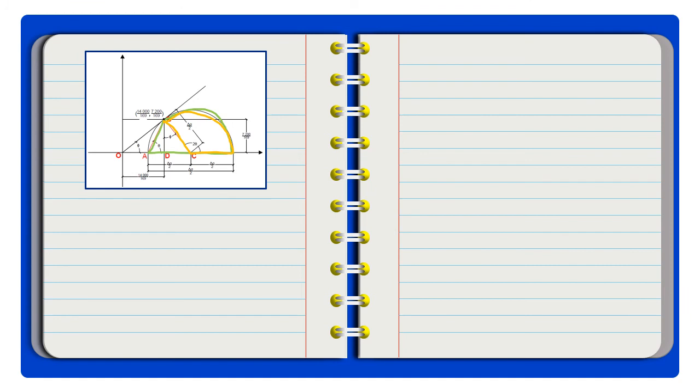So, ibig sabihin, i-follow nila yung rule na kung ang value nito is theta, that means ang value ng central angle will be twice this value of theta. So, that means the central angle will be 2 theta.